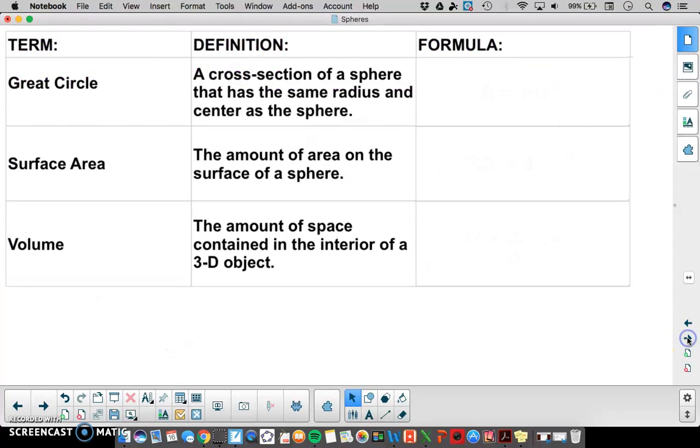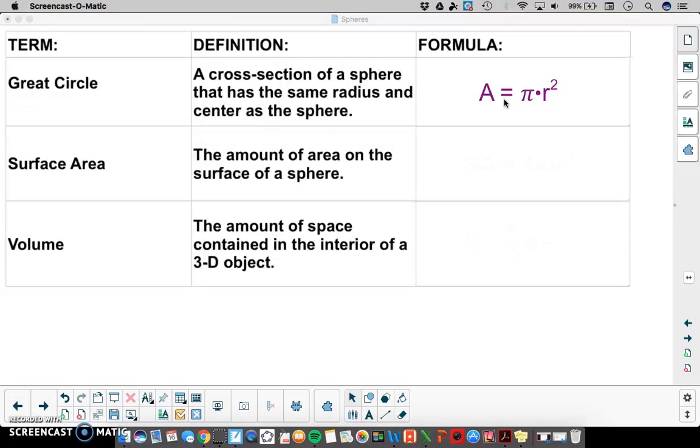We're going to use the great circle to help us derive the surface area and volume formulas for a sphere. A great circle is that cross-section of a sphere that has the same radius and center as the sphere. We would find the area of that by finding pi r squared. To find the surface area of a sphere, it's just the area of the surface.